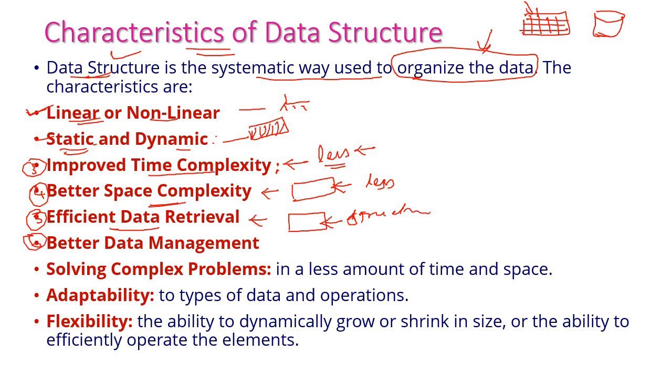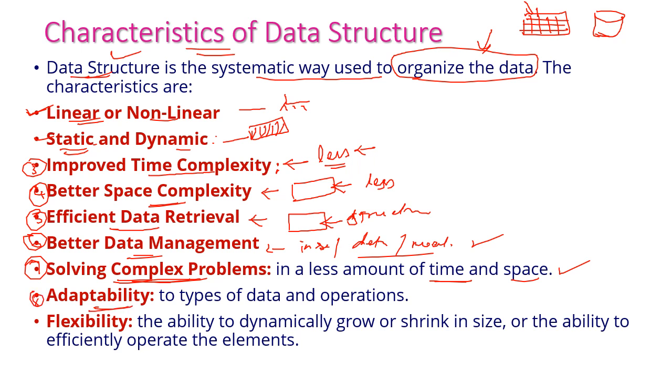And the sixth one is better data management. That is, inserting, deleting and modifying the data in the data structure should be very effective and efficient. And the seventh one is solving complex problems. It should effectively solve complex problems with less time and space. And the next one is adaptability.